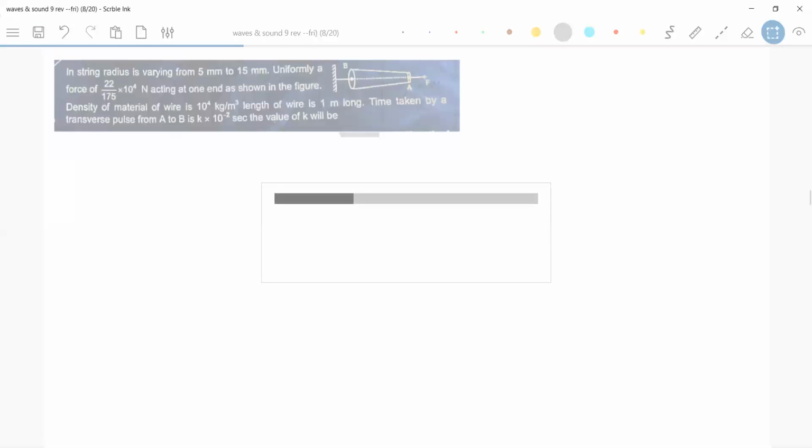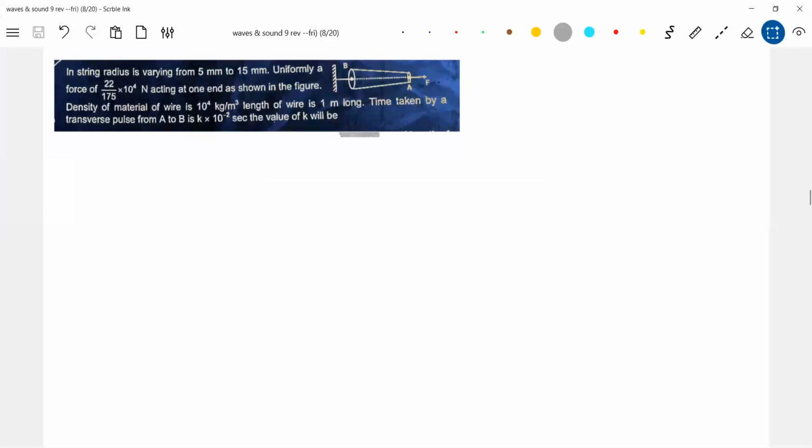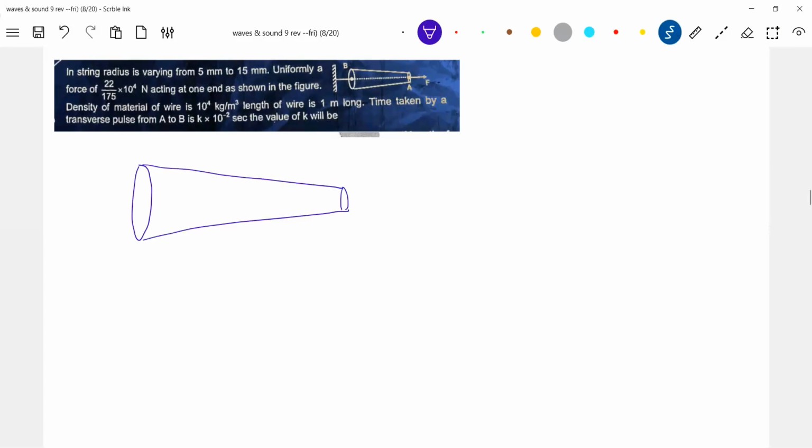Okay, the rod, it's a tapered rod or tapered wire, you can put it. A transverse pulse will propagate through it. Find the time taken by it to move from one end to another end. Please make observation of the diagram.